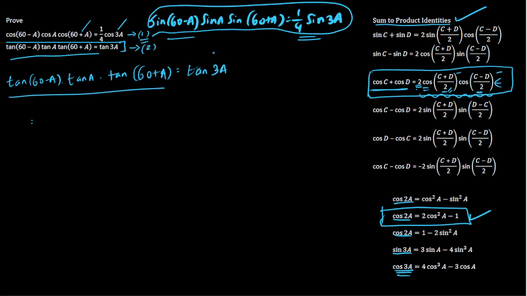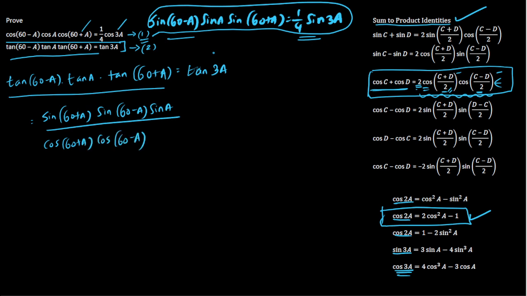This can be written as sine(60 plus A) sine(60 minus A) sine A divided by cos(60 plus A) cos(60 minus A) cos A. This is how we can write it.